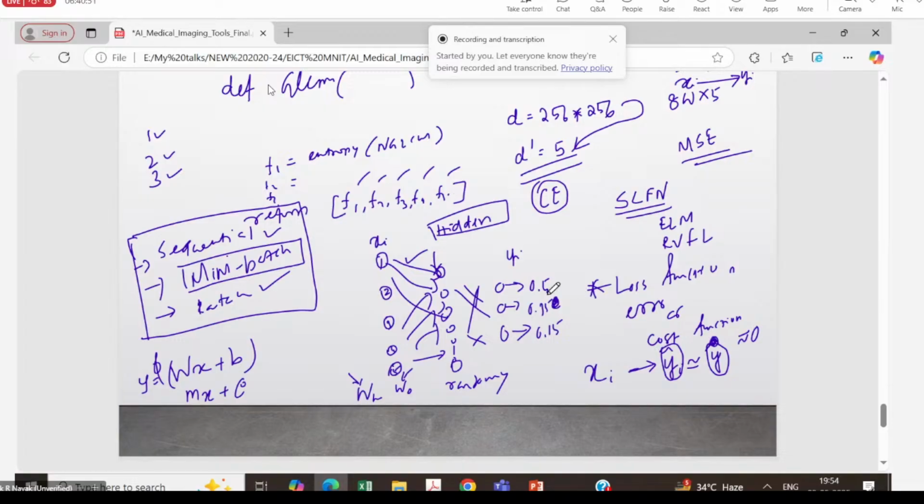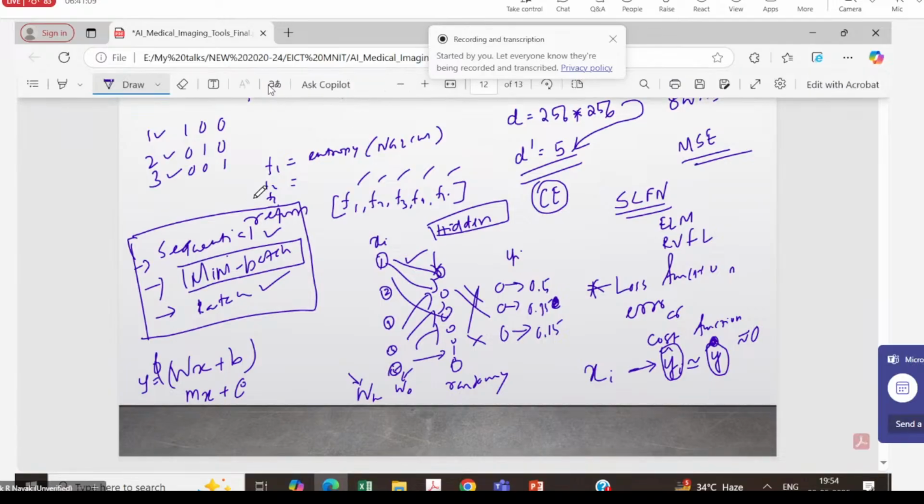But to compute the cross entropy, I have to convert every class into its one-hot encoding: 1 becomes 100, 2 becomes 010, and 3 becomes 001.